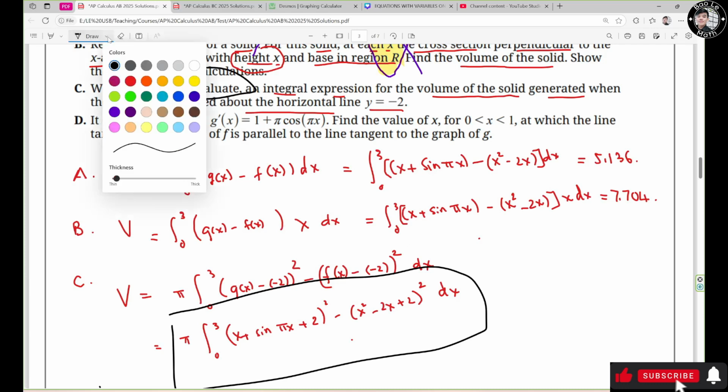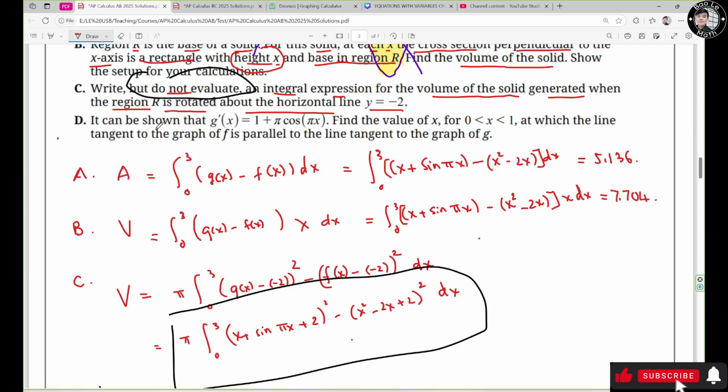Now question D. It can be shown that g prime of x equals 1 plus pi cosine pi x. Find the values of x for x from 0 to 1, at which the line tangent to the graph of f is parallel to the line tangent to the graph of g. Alright, so if two lines are parallel, they have the same slope, right?